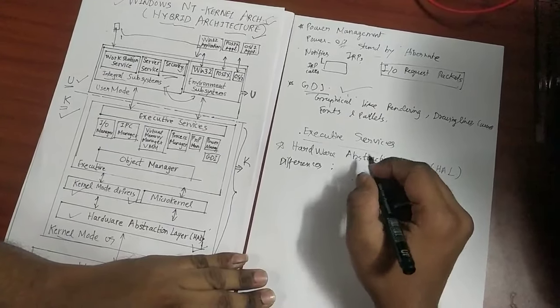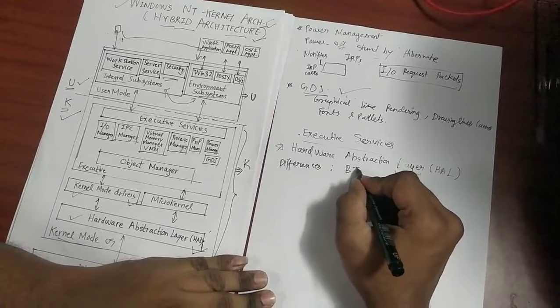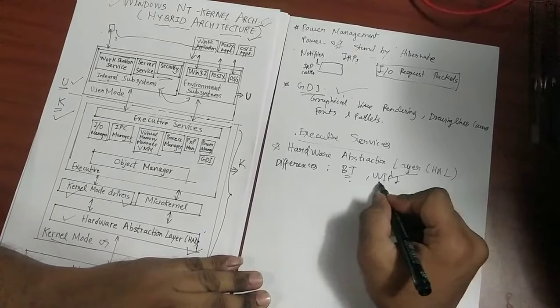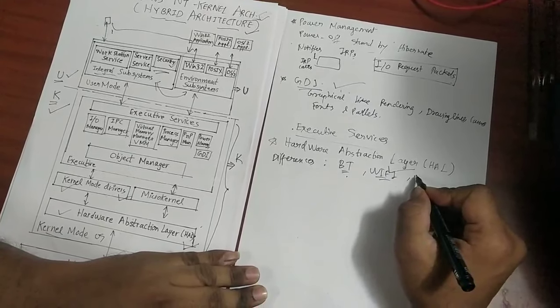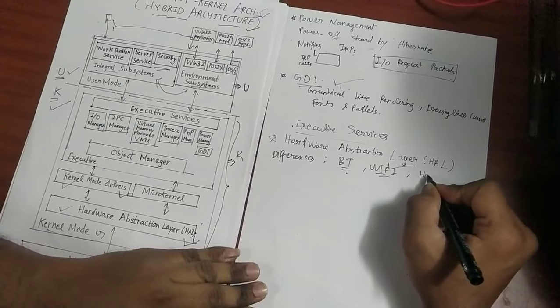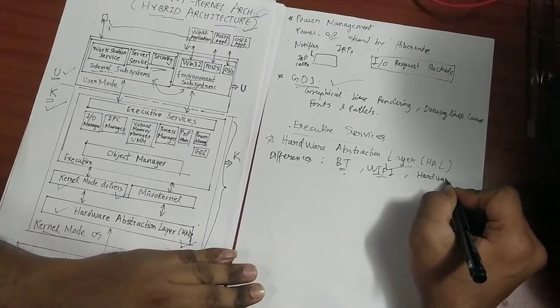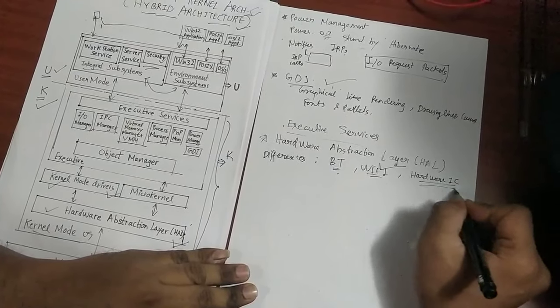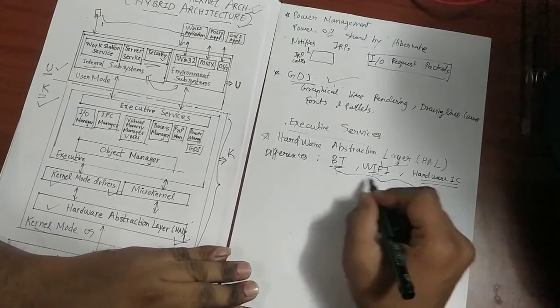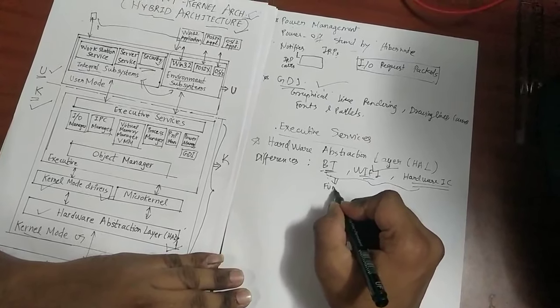For example, we have Bluetooth modules or Wi-Fi modules, or any particular hardware circuit, hardware IC, and each of these has its own firmware.